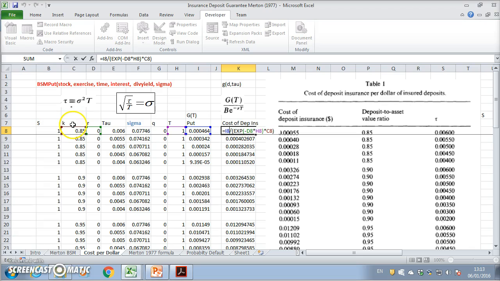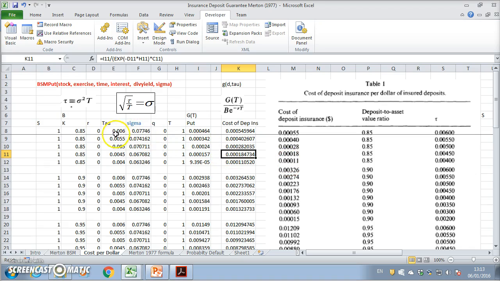Remember this K here, the exercise K, is equivalent to B. And so we discount B at e to the negative R times T, and that then gets divided into the value of the put. And so if we track down through, we can see the values I've obtained here are equivalent to the values observed here in table 1.